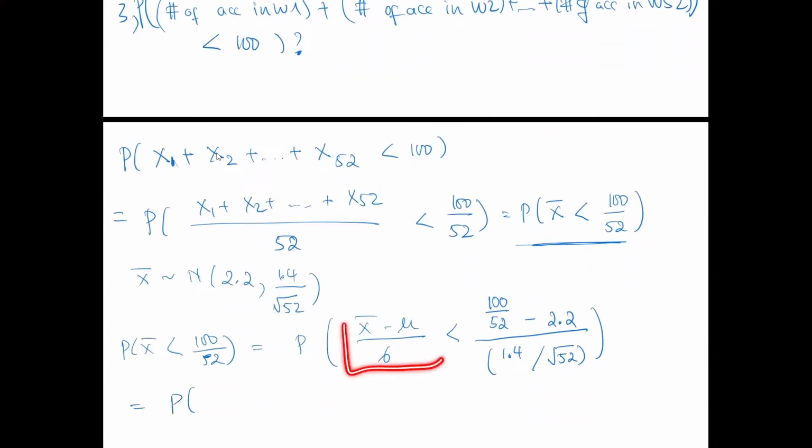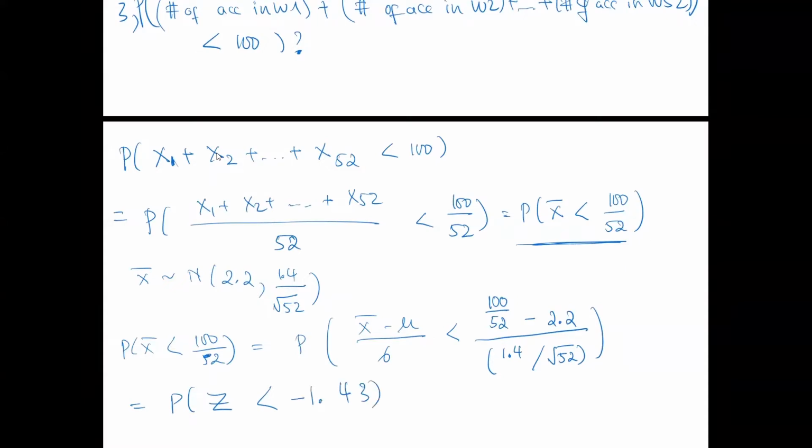This part is just Z. This part, if you calculate correctly, you should get like minus 1.43. If you believe that I made a miscalculation anywhere, feel free to post on Piazza and I will change the solution accordingly.